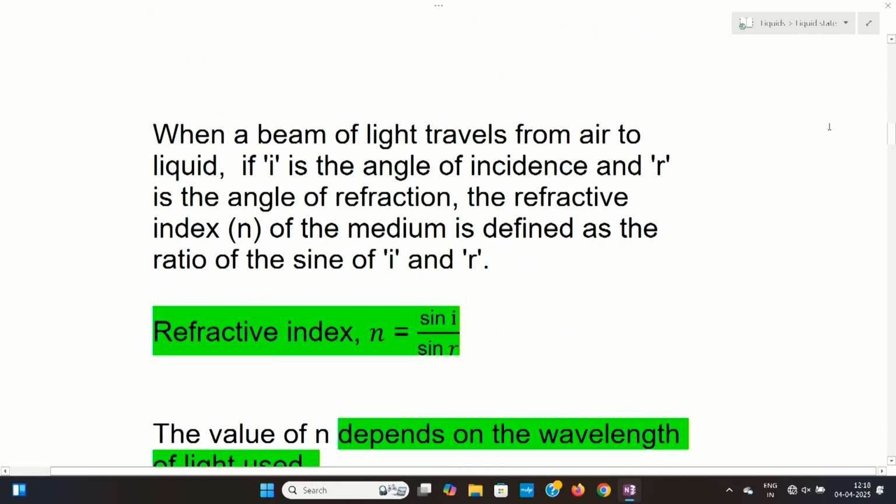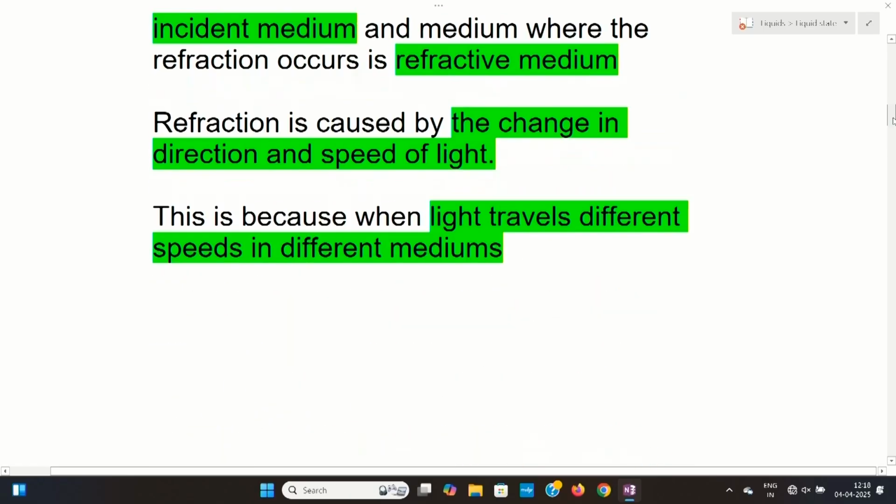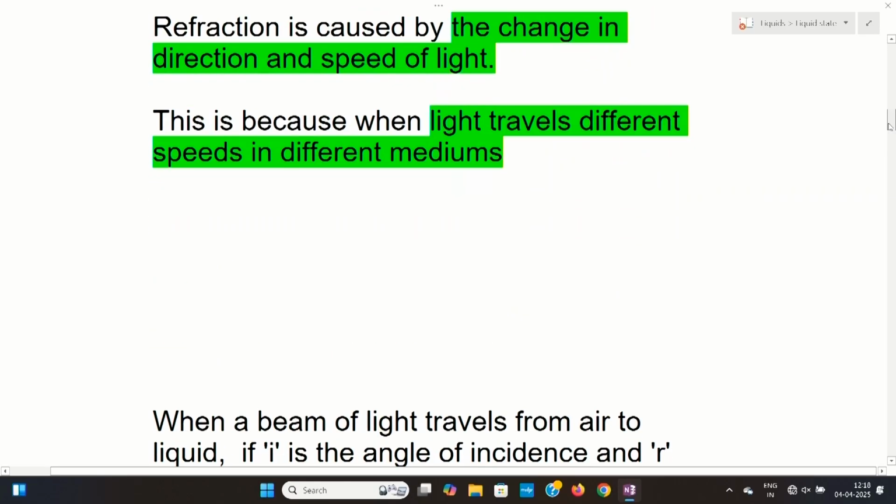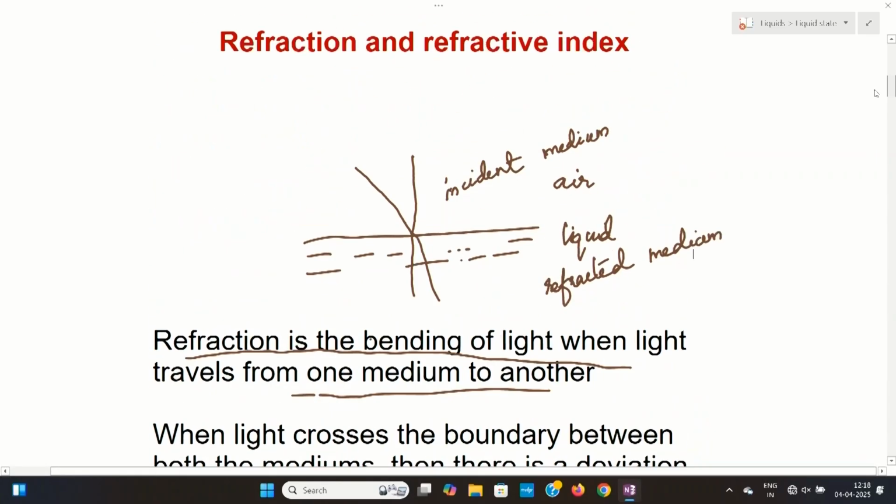We know that light travels at different speeds in different media. It travels in air at one speed, in vacuum at one speed, and in different liquids at different speeds. According to the wavelength also the properties change.